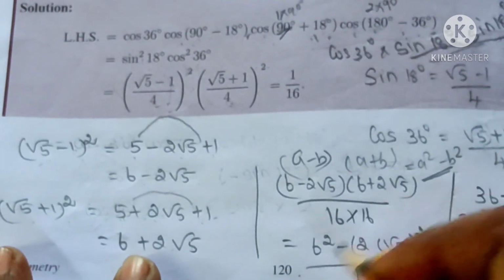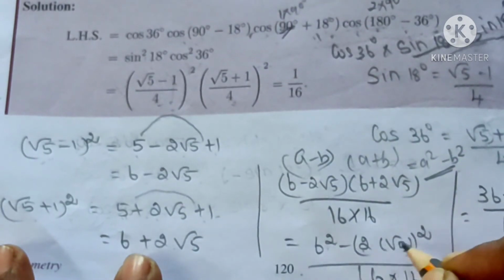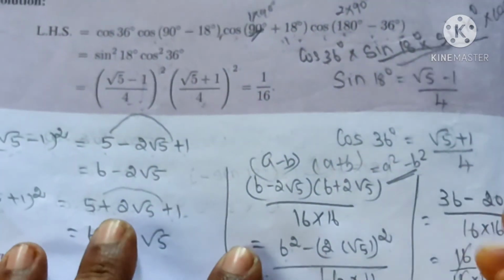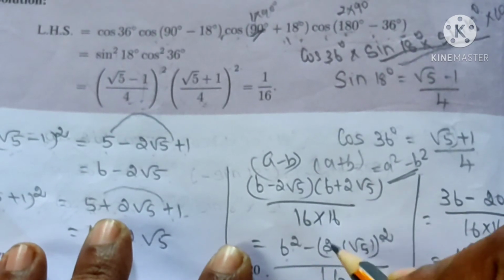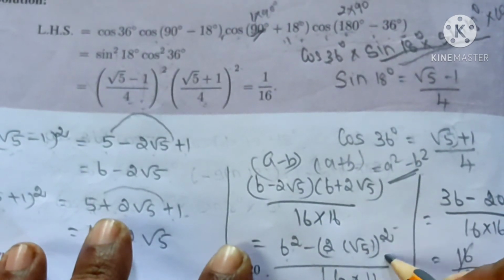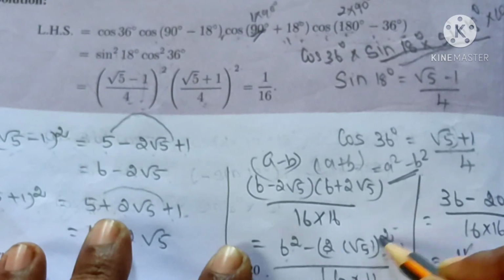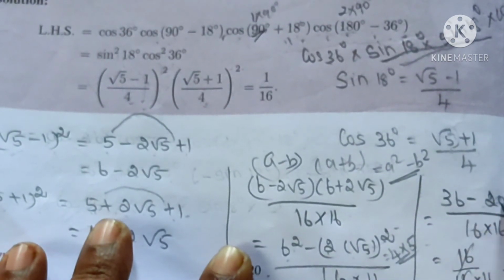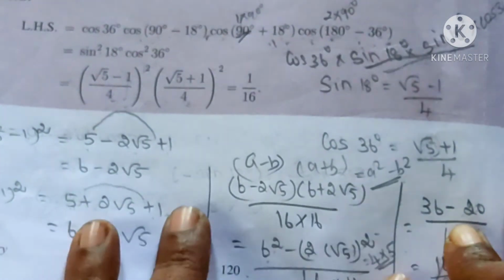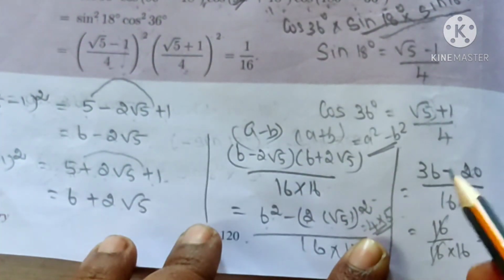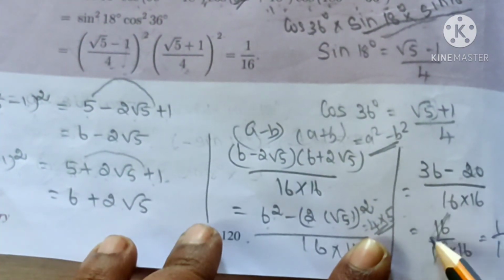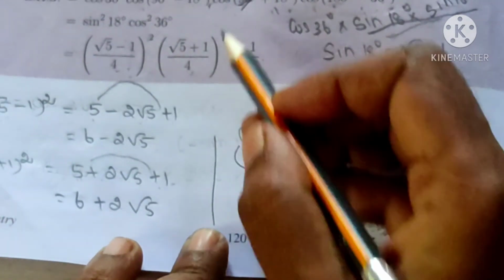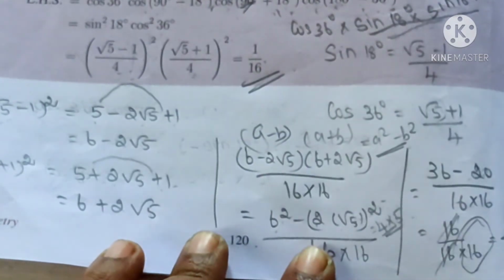So it is 6 square minus (2 root 5) the whole square. 6 square is 36, and (2 root 5) the whole square is 2 square, 4, times root 5 the whole square, 5, so we get 20. 36 minus 20 over the denominator 16 into 16. 36 minus 20 is 16, so 16 cancelled. Balance is 1 by 16. This is the answer: 1 by 16.